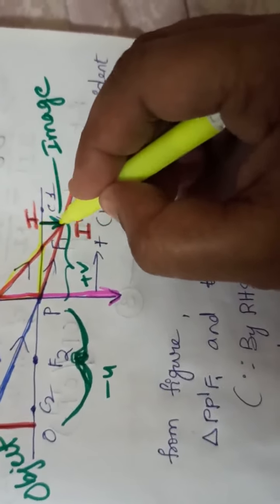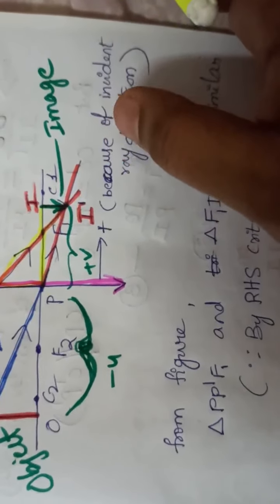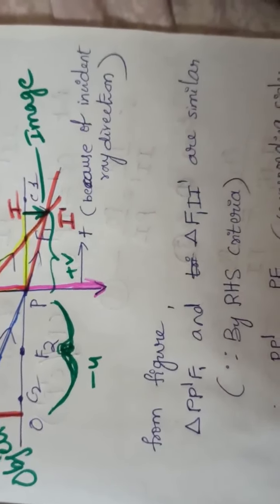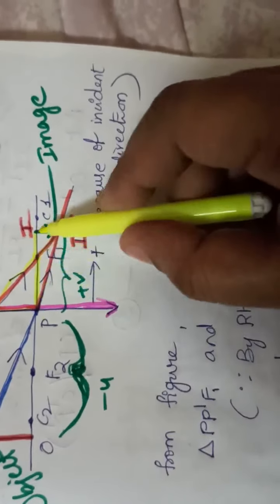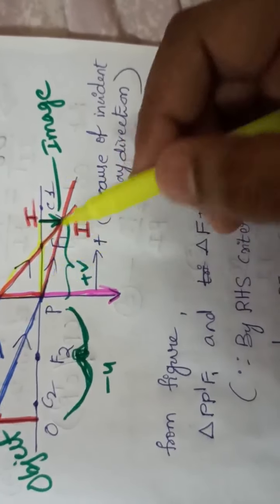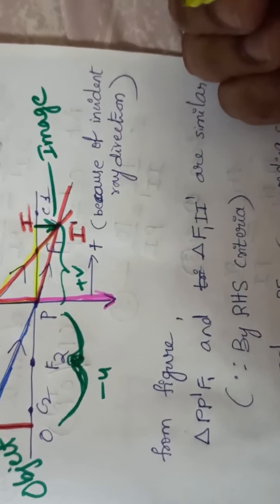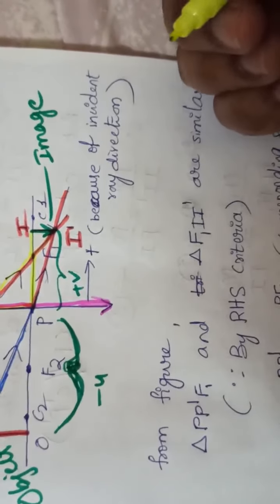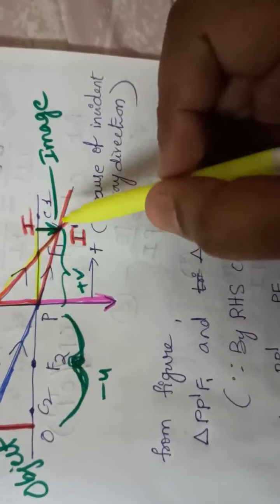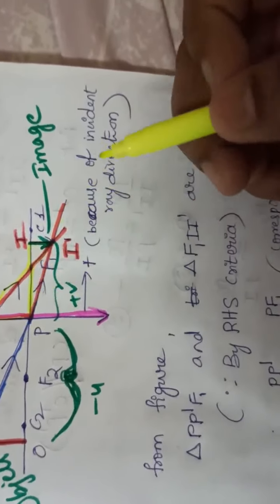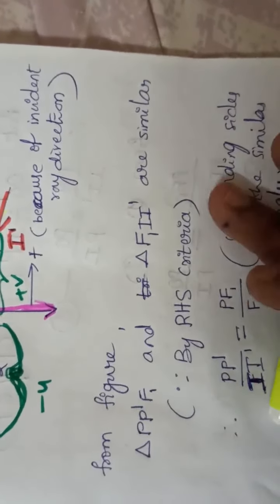These two are right angle triangles. One right angle is similar, and also we have the common base, so one right angle at 90 degrees and the corresponding sides, so these two are similar from RHS criteria.